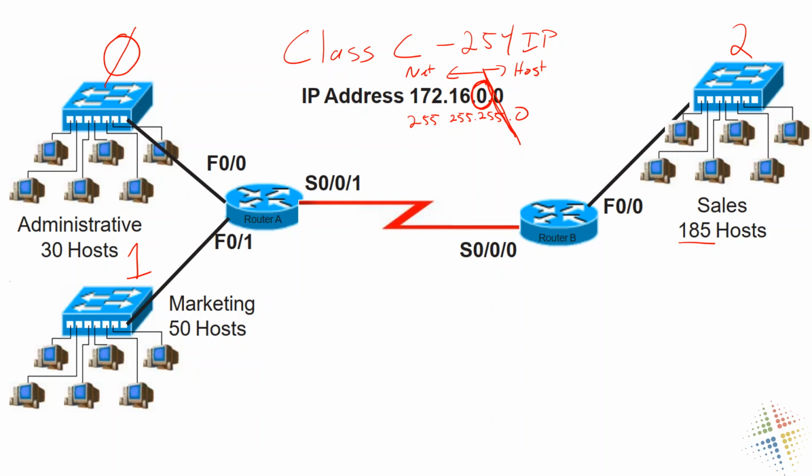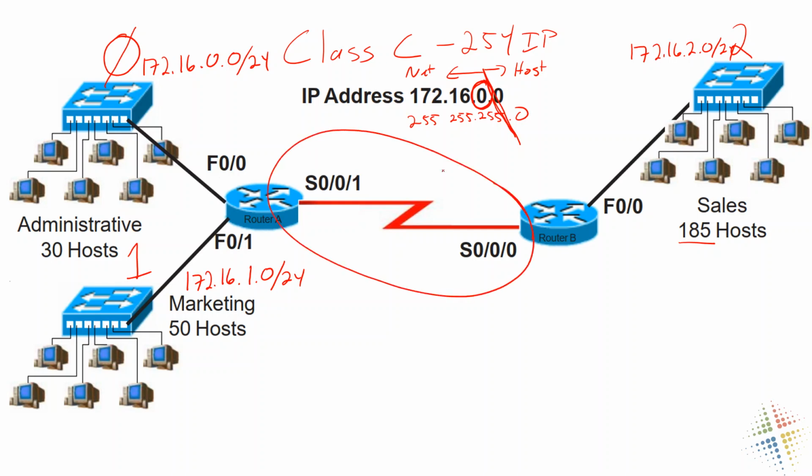So my administrative area would be 172.16.0.0/24. My marketing 172.16.1.0/24, and then lastly sales 172.16.2.0/24.